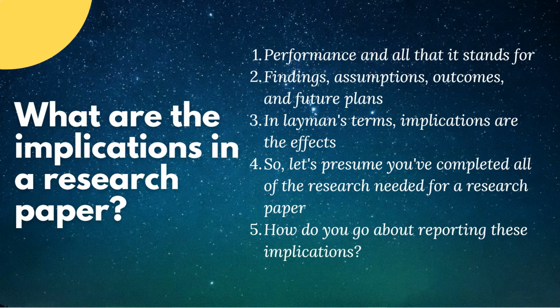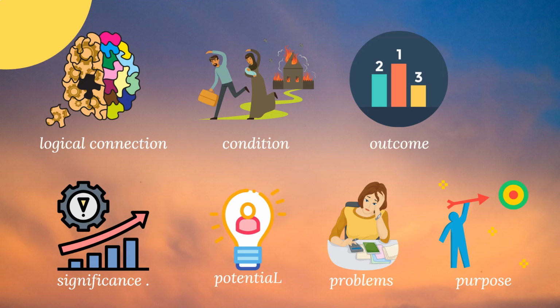But before that, we will understand this slide. A research implication is the logical connection between a condition and its outcome. Before you write an implication in a research paper, take your time to go back and read the significance of the study.